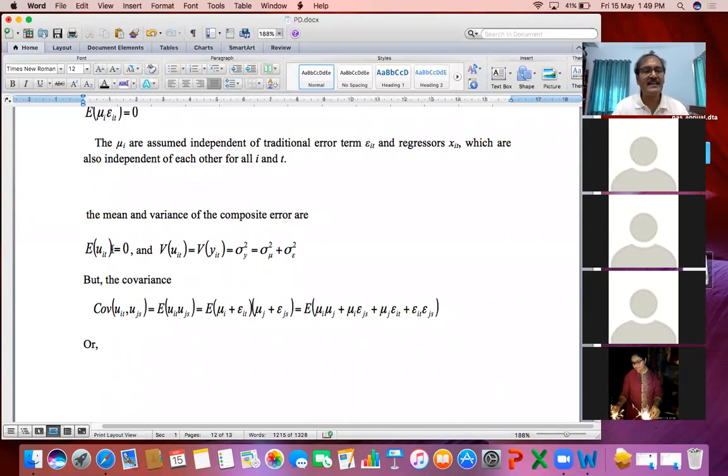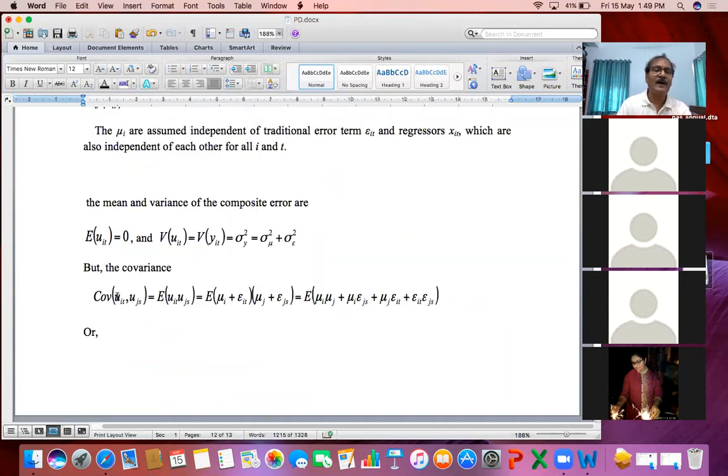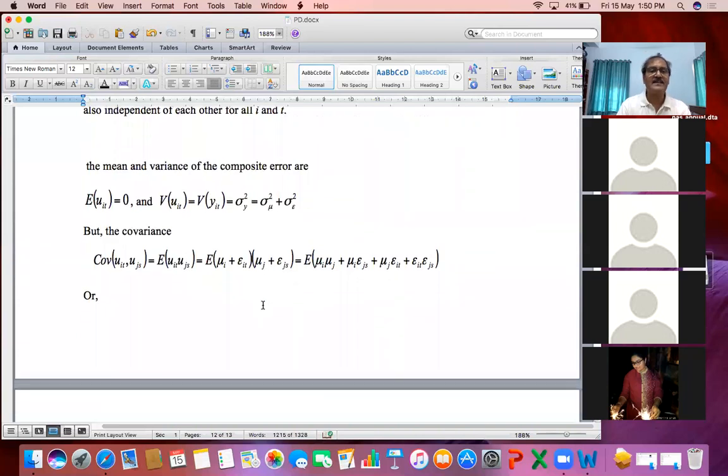So our original error is u_it. If we incorporate these behaviors of the components of the error, μ_i and epsilon_it, into u_it, you will easily get the expected value of u_it equal to 0. Variance of u_it is equal to a constant, the sum of sigma square mu plus sigma square epsilon, that is, the sum of the variance of the two components. But the covariance of u_it and u_js will be different.